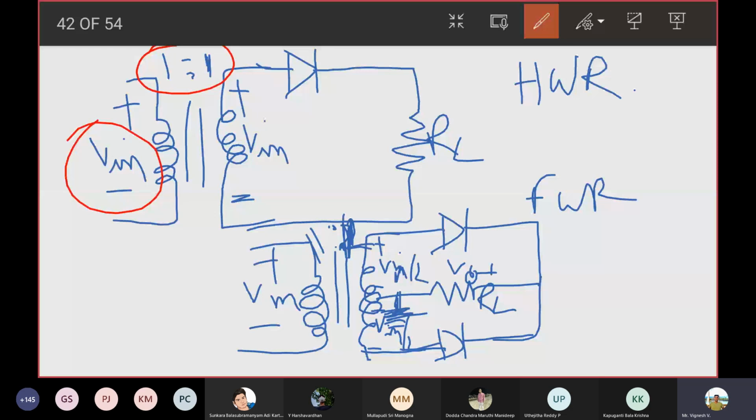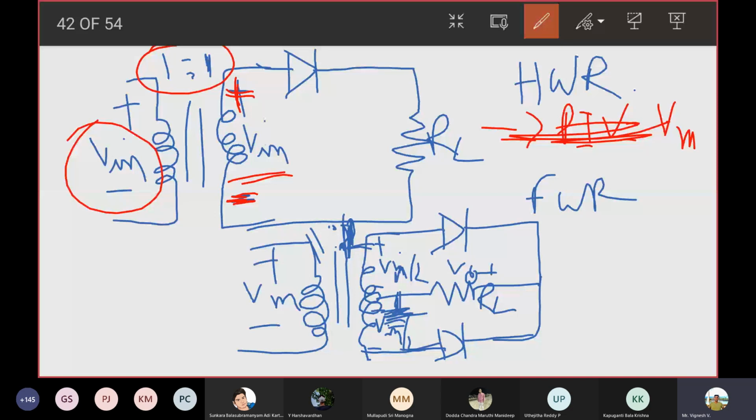You end up getting the same full Vin across the secondary coil. That is the reason your PIV is the same. I'll come to the PIV comparison of this later. But in any case, across the secondary coil you're getting only Vin, right? You're not getting Vin/2, if you're using the same turns ratio.